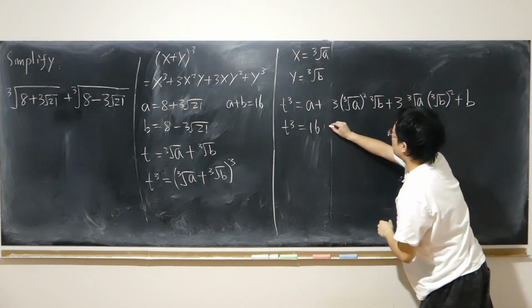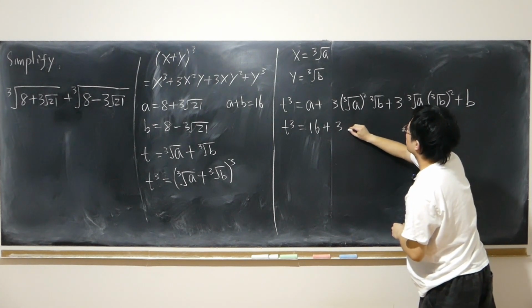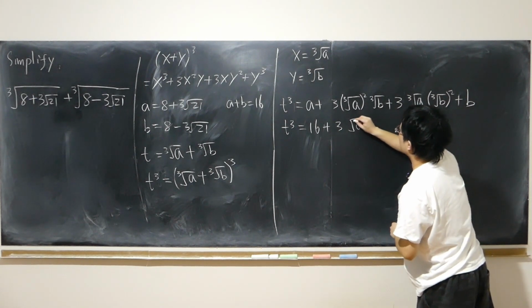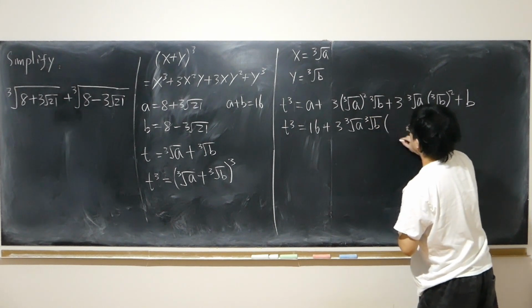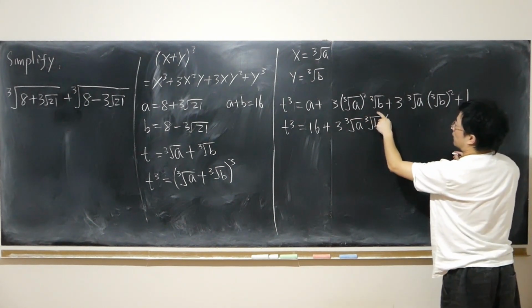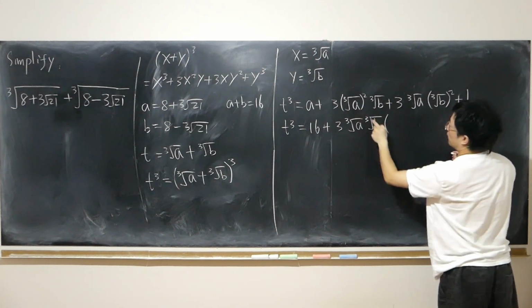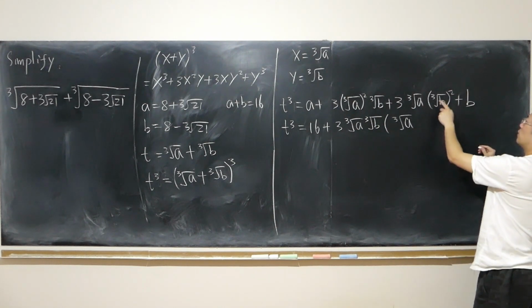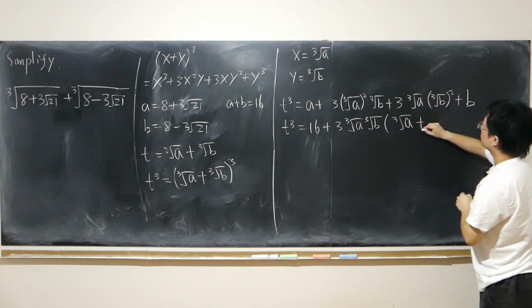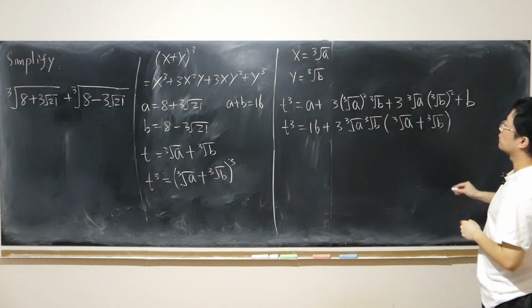So after I pull out the common factor 3 times cubic root of a, cubic root of b, this guy only has one cubic root of a left, and that guy only has cubic root of b left. Right, everything else is good.